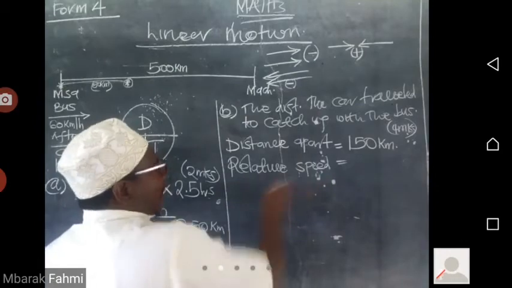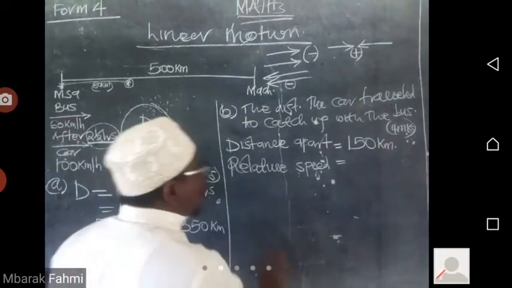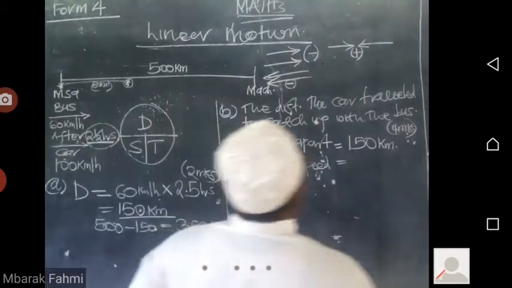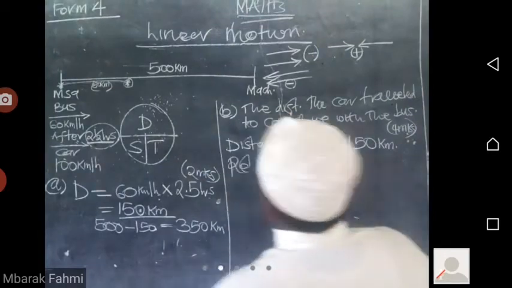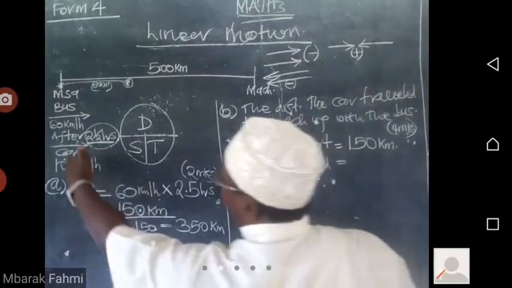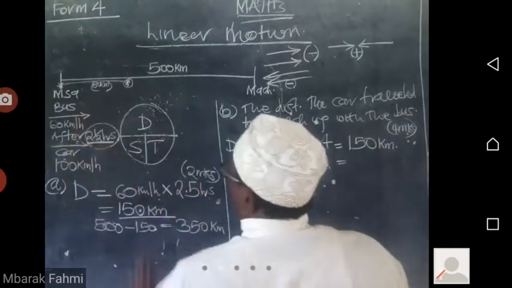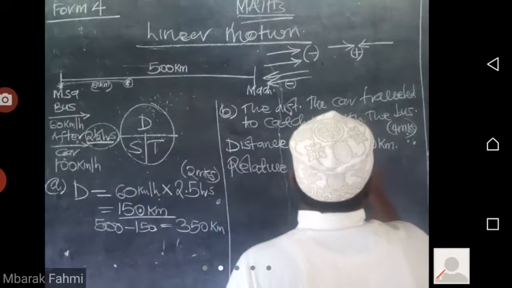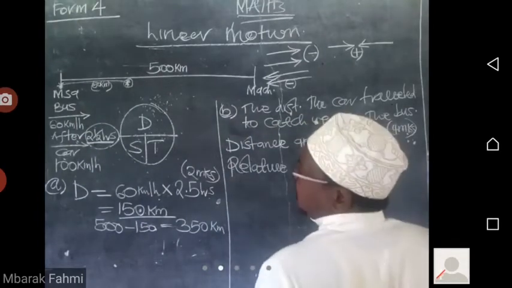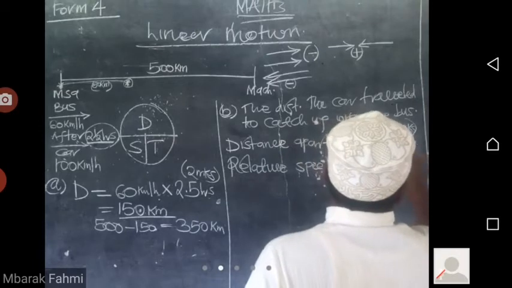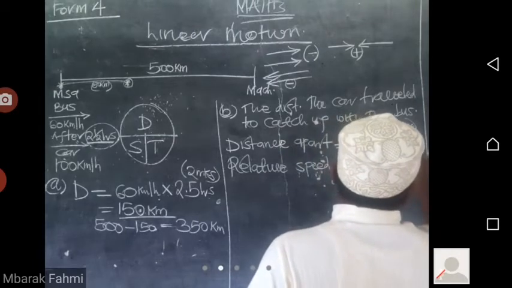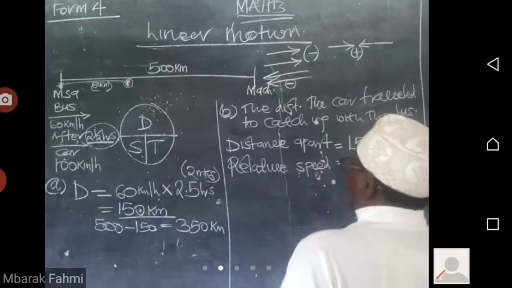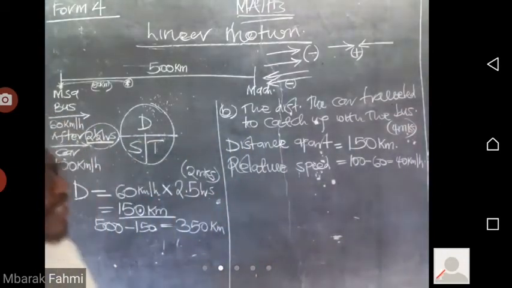So for our case, they are moving in the same direction, so we'll subtract. We take the higher one minus the lower one. So we'll say 100 minus 60, and that is going to give us 40 kilometers per hour. That will be the relative speed.